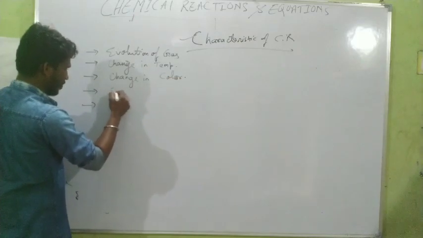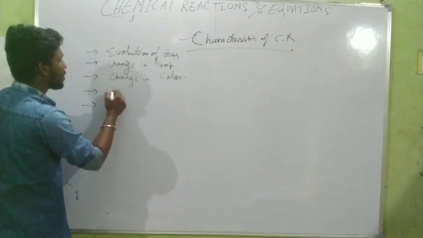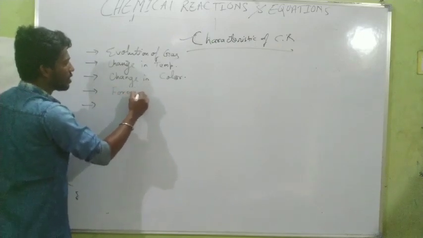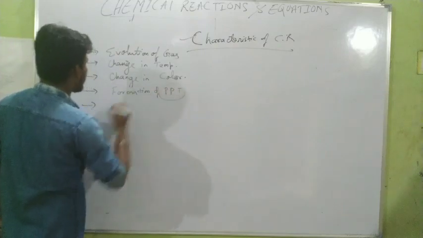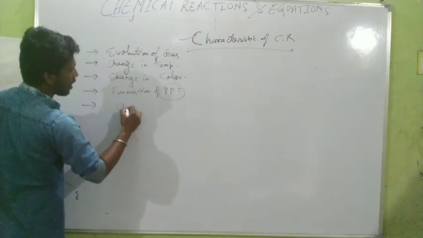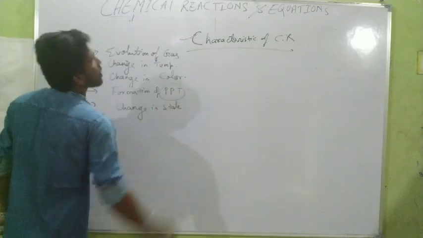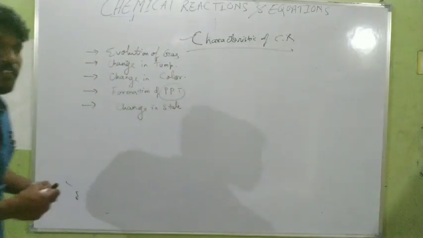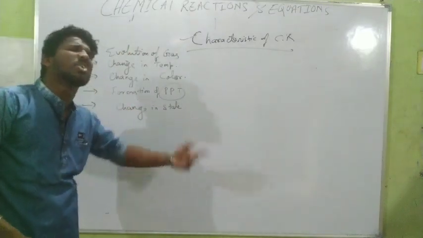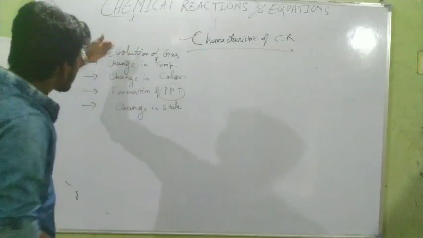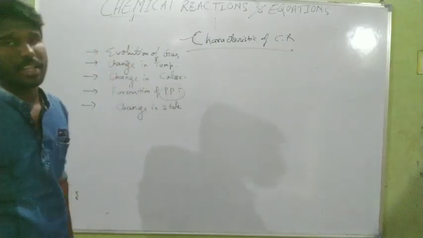Then formation of precipitate, we'll talk about this. And lastly, change in state. If any of these five changes happen, any one, two, three, four or five, you will confirm that a chemical reaction has taken place.